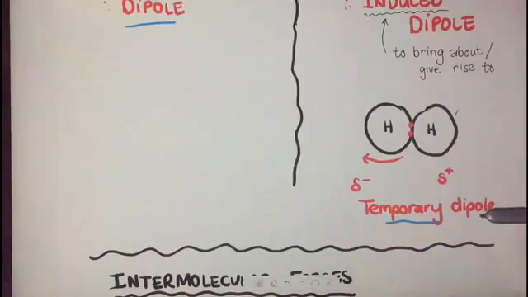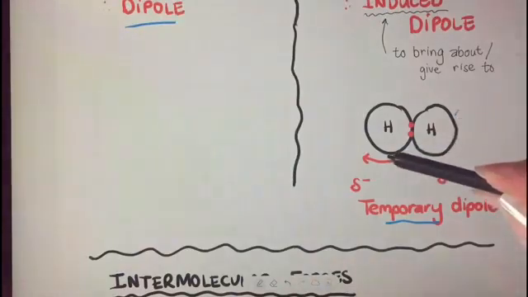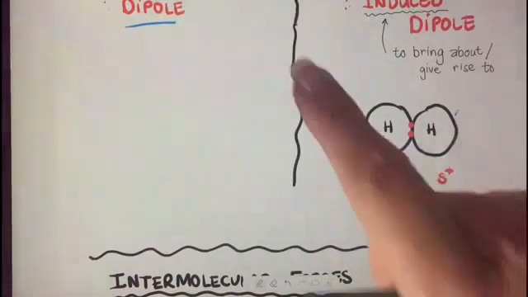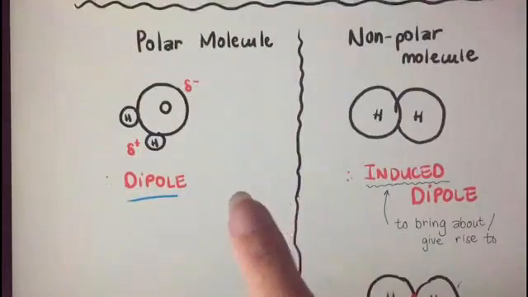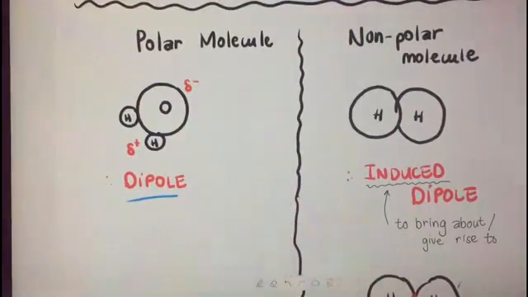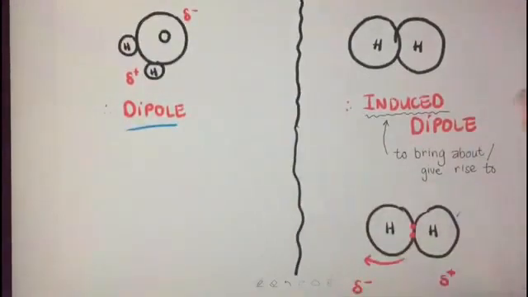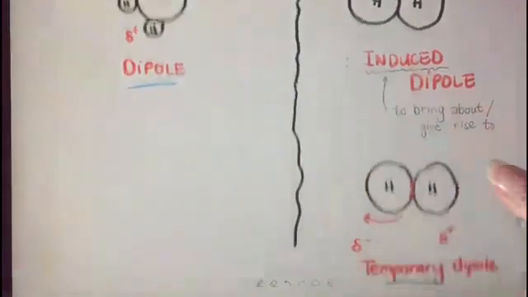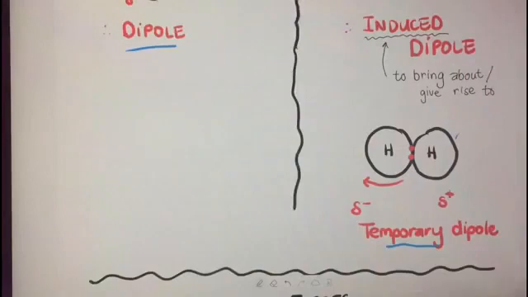So it is a dipole but it is a temporary dipole, because the next second the electrons could be over there, and then this side is slightly negative and that side is slightly positive. So polar molecules form dipoles. That's a permanent situation. Non-polar molecules can form induced dipoles, and that is a temporary situation.